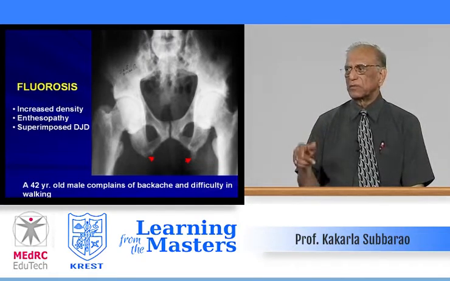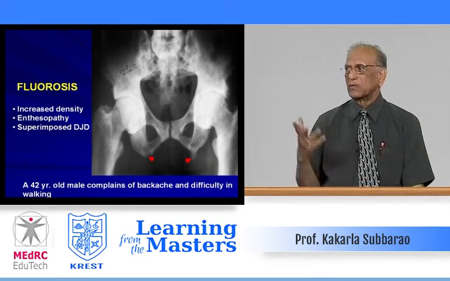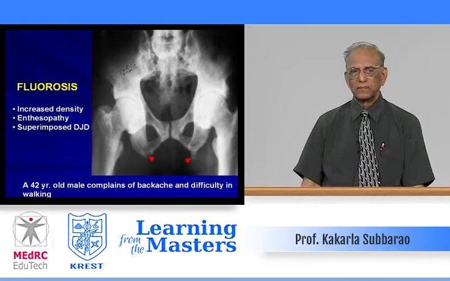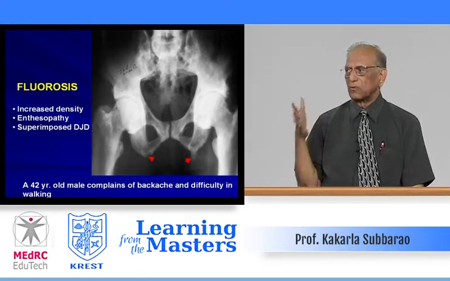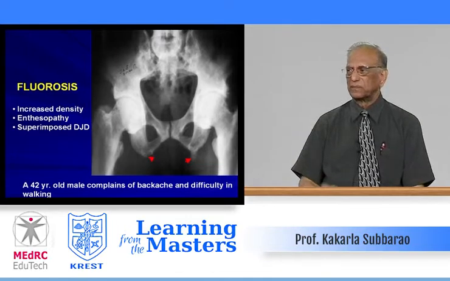And also in the hips, particularly in the inferior portions of the acetabular cavity, there is dense reactive sclerosis and enthesopathy. So also at the sacroiliac joints. All these together indicate fluorosis. Of course, there is some fluorosis because of the sclerotic bones and metabolic disorder, you may get pre-degenerative changes.